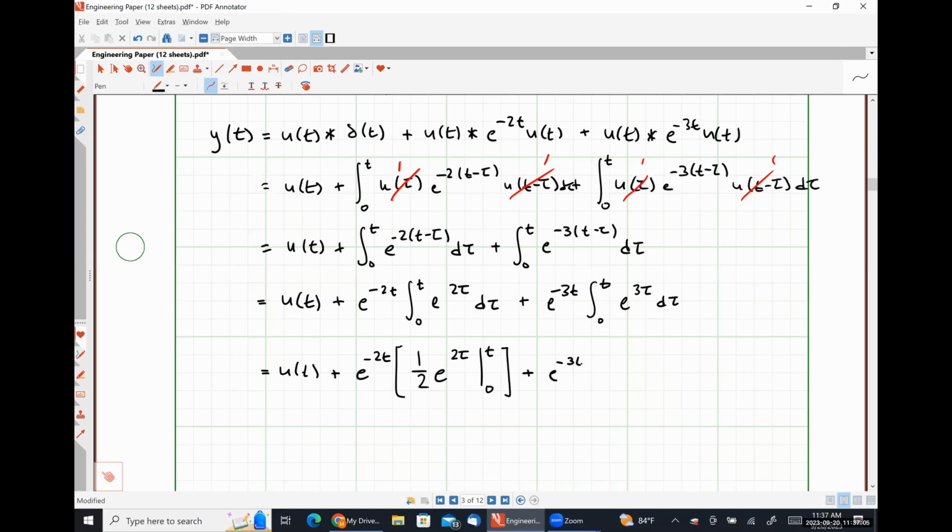Then I'll have e to the minus 3t. And effectively, I'm doing the exact same integral. So this is going to look like 1/3 e to the 3 tau evaluated at t and 0.